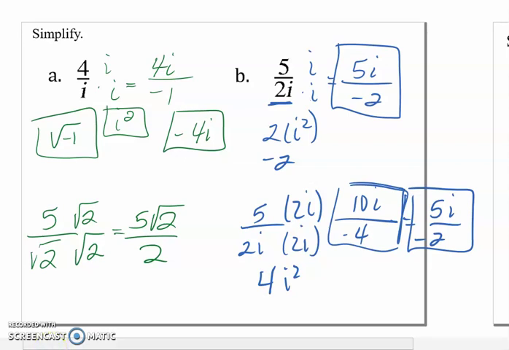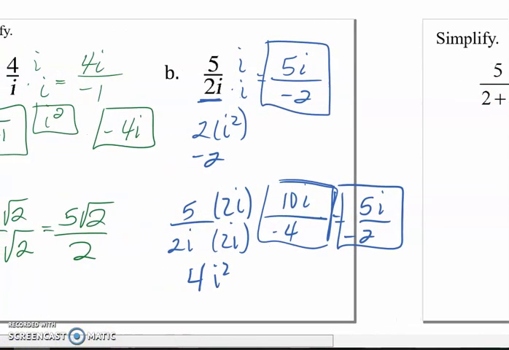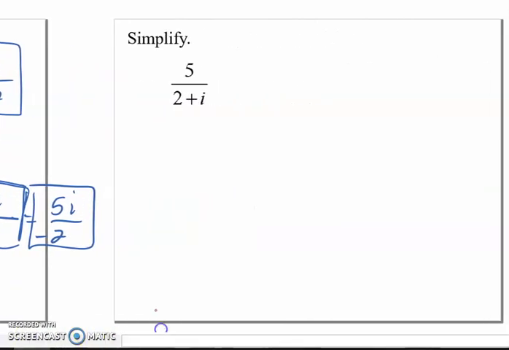Okay, we have one more thing to cover, and the last thing we have to cover is when the denominator has i, but instead of being by itself like it is here, it's a group. And when I have a group, get rid of it. Just like when we did radicals, I had 6 over the square root of 2 plus 1, that was a group.